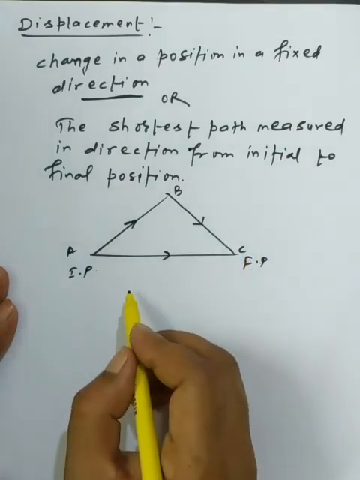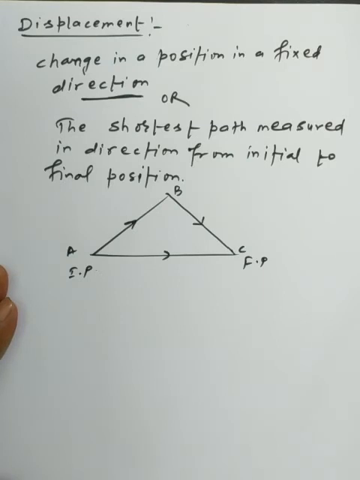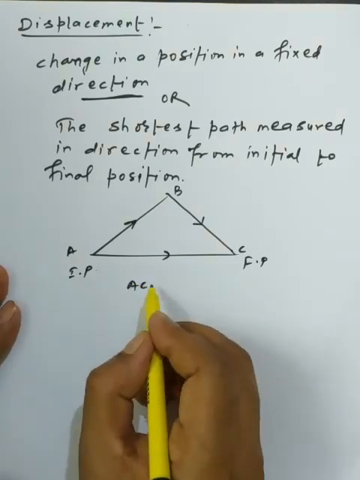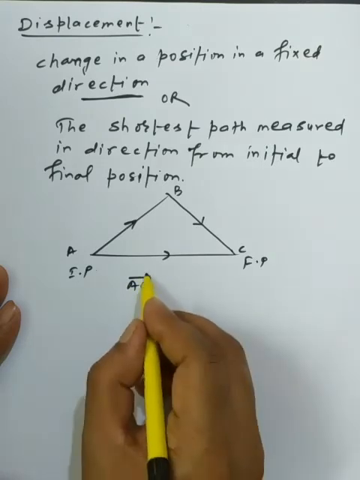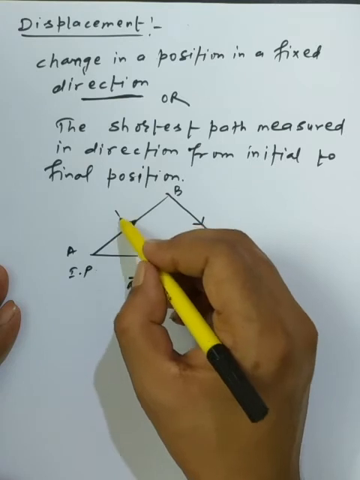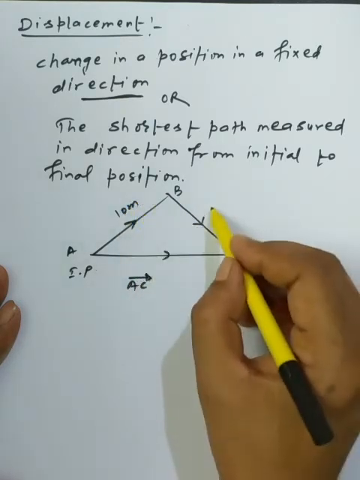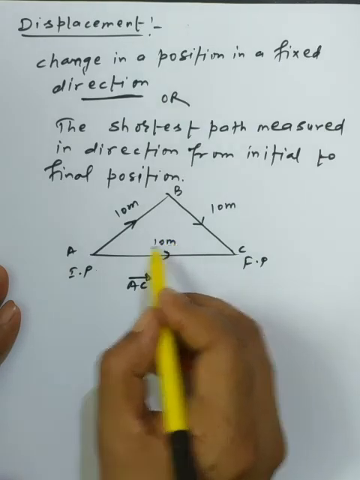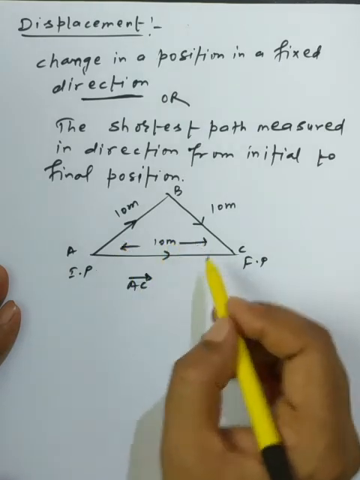So the displacement can be stated as AC, and I am just putting the vector symbolic notation on it. And if you are taking the concern of the magnitude, suppose AB is 10 meter and BC is also 10 meter, and AC is also 10 meter. So what is the displacement we have?